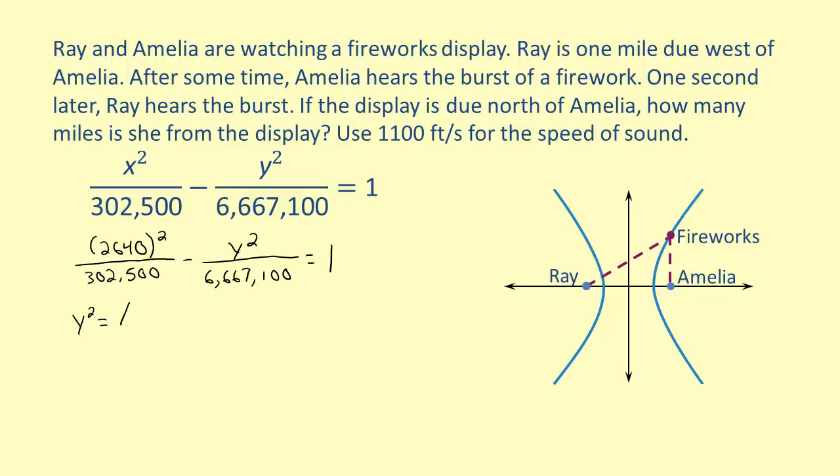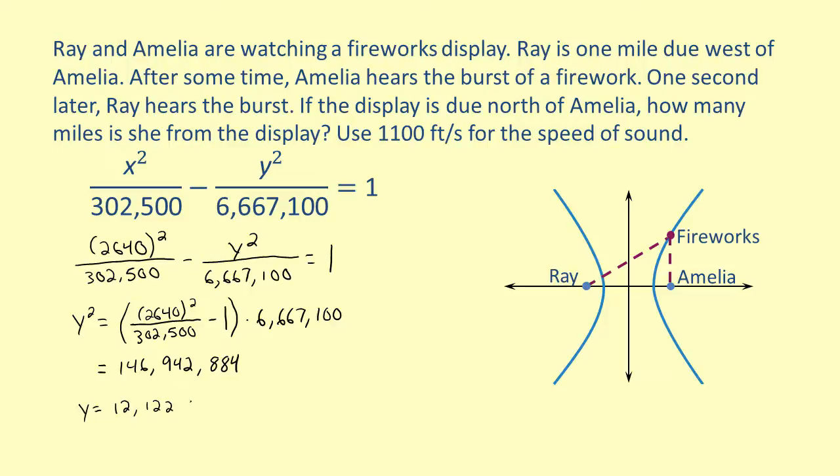This will get the y squared term by itself. After the calculations, we get that y squared equals 146,942,884. Taking the square root, we find that y equals 12,122.